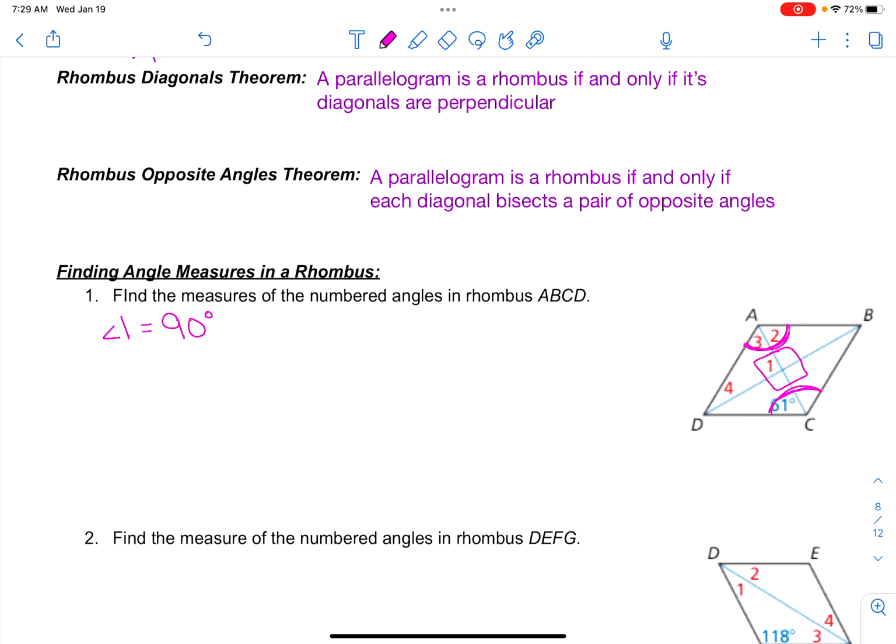So that means that this little piece is going to be the same measure as this piece. And then we also know that in a rhombus, diagonals bisect our angles. So since this angle is 61, this one is also 61. So that means angle 2 is 61 and angle 3 is 61.